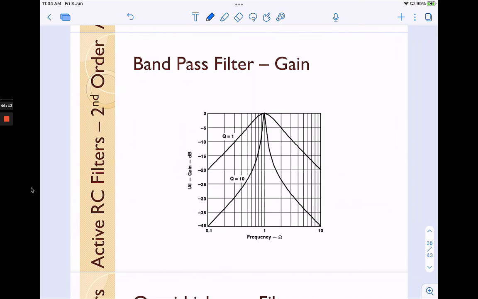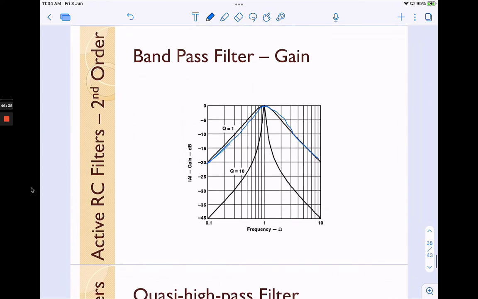So if we have a low value of Q, you can see the peak for this bandpass filter. I'm not sure if it's using other types of configuration. I think it's not the Sallen-Key. I think this may be just a comparison using the multiple feedback topology here.